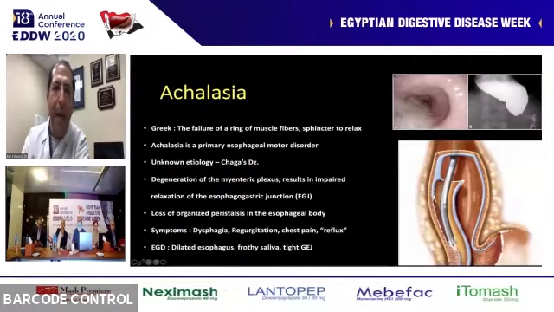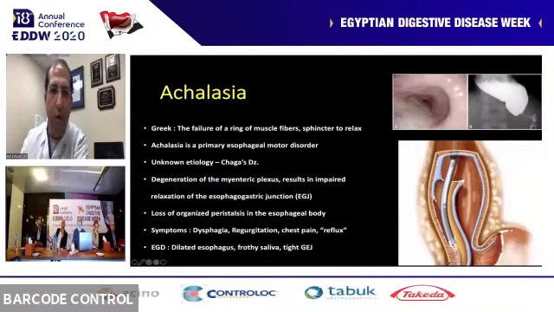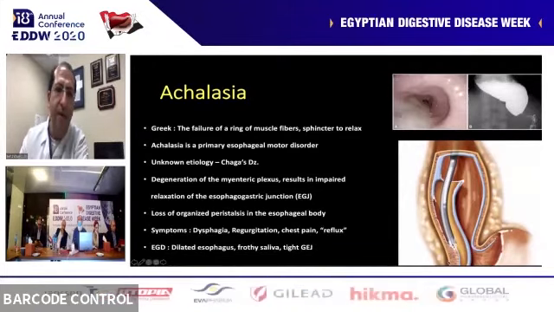So basically, achalasia is a Greek word that means a failure of a ring of muscle fiber to relax, and that's meant for the esophagus. It's of unknown etiology. If you have patients that come to you from South America or lived in South America or certain tropical areas, you may be dealing with Chagas disease.